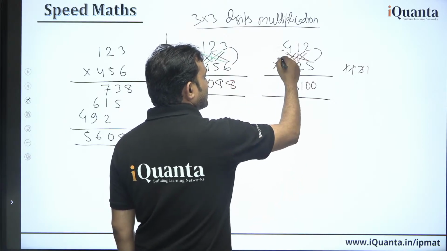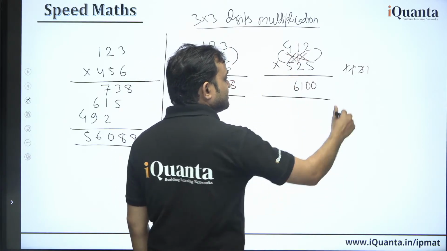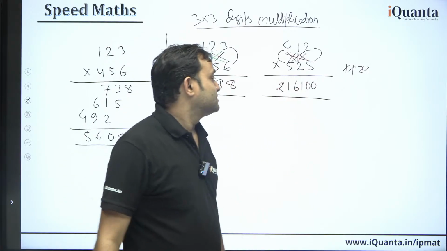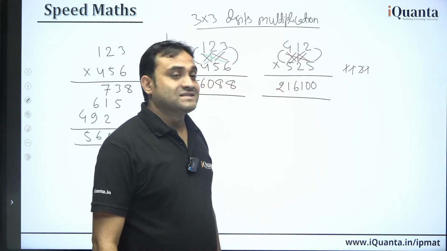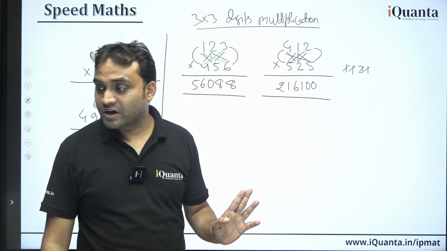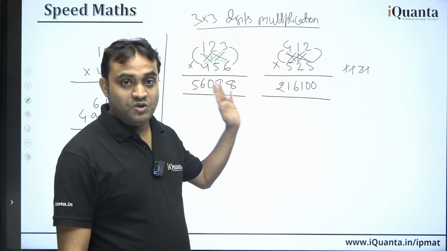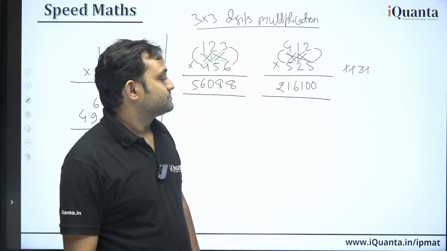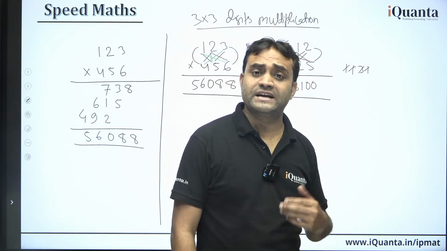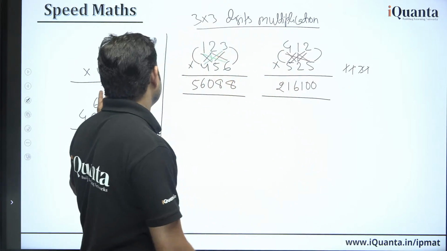Then we are going to take 4 into 5, which is 20 plus 1, 21. That is our answer, 216100. Tell me, is this clear to everyone now? Do you understand the steps here? Most important part, there is very less chance of doing any calculation mistake with this method.